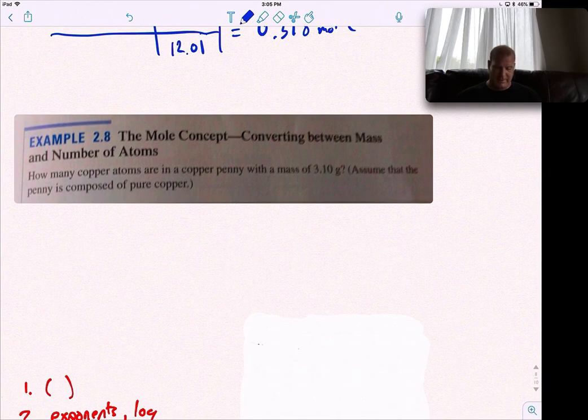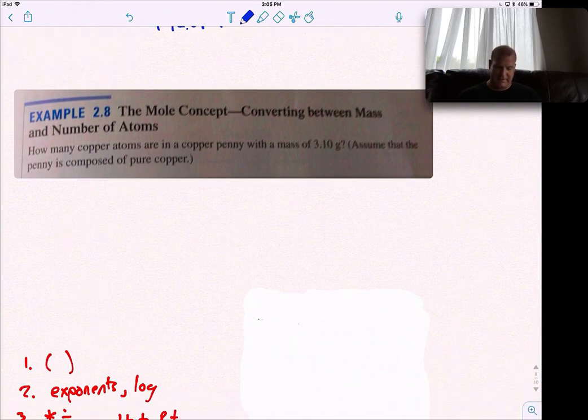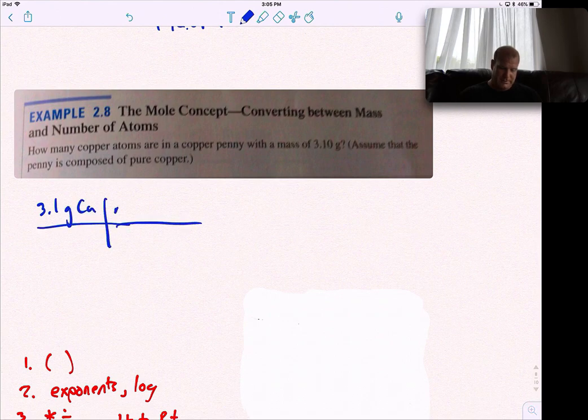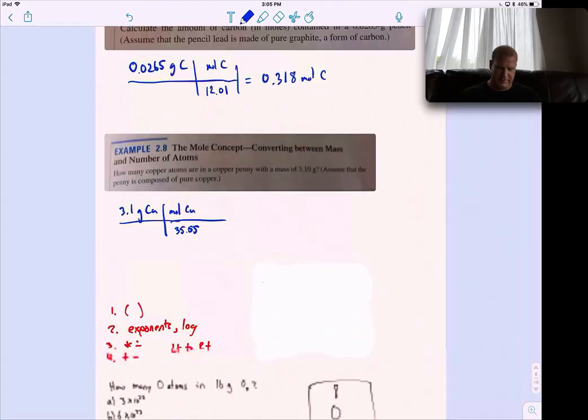So how many copper atoms are in a copper penny with a mass of 3.1 grams? Same as pure copper. So 3.1 grams copper. A mole of copper is, didn't we just do that?